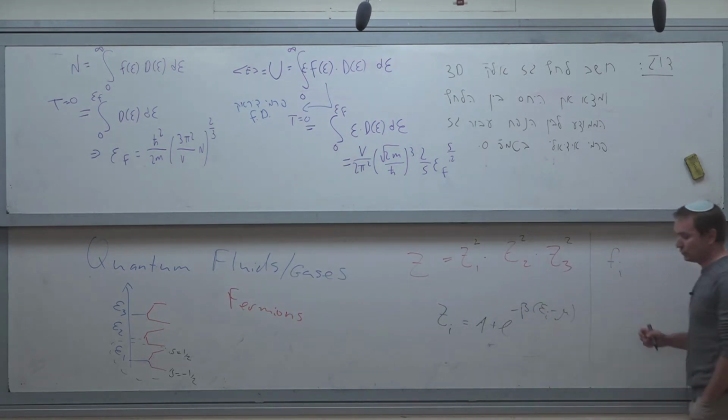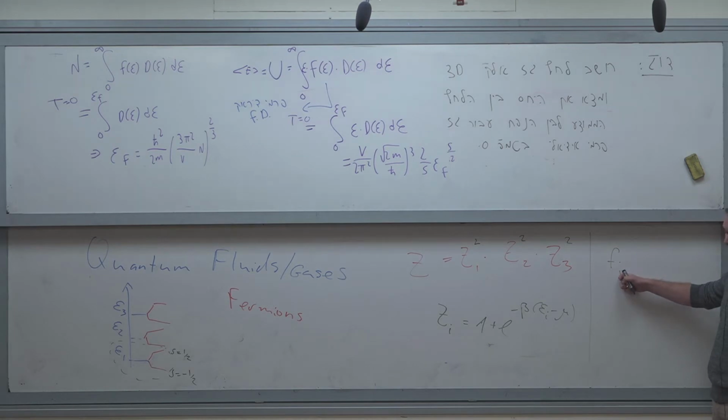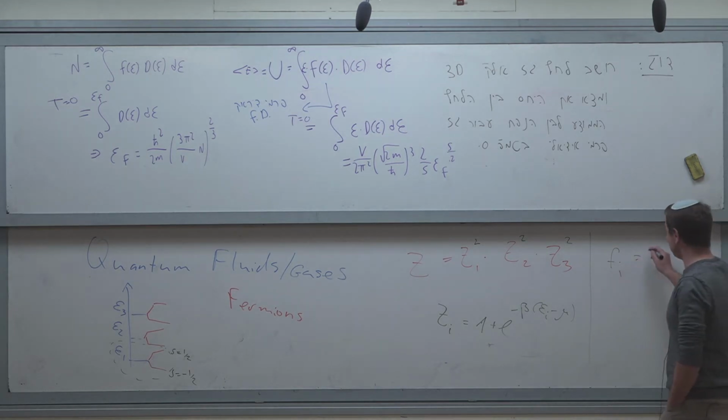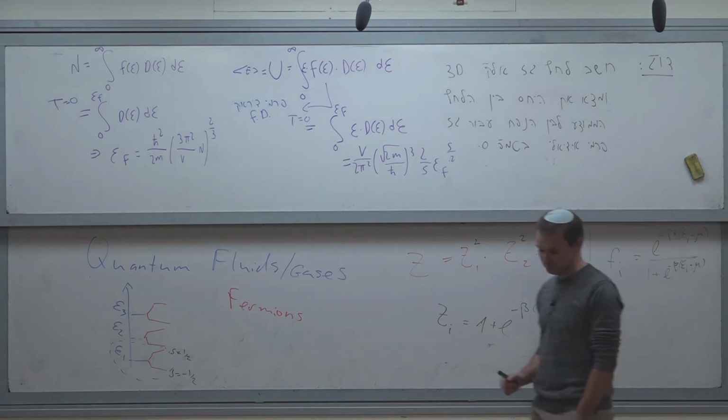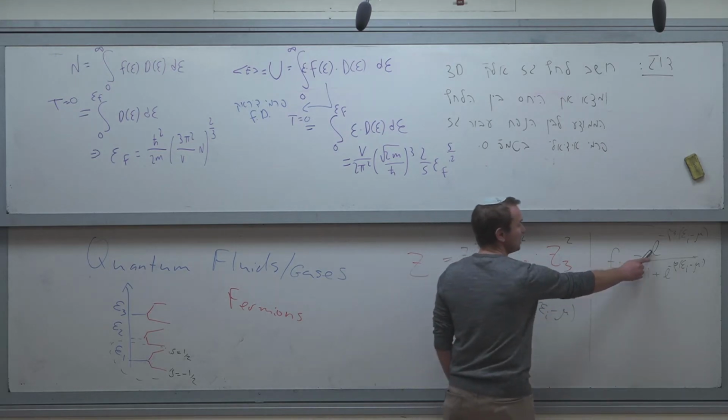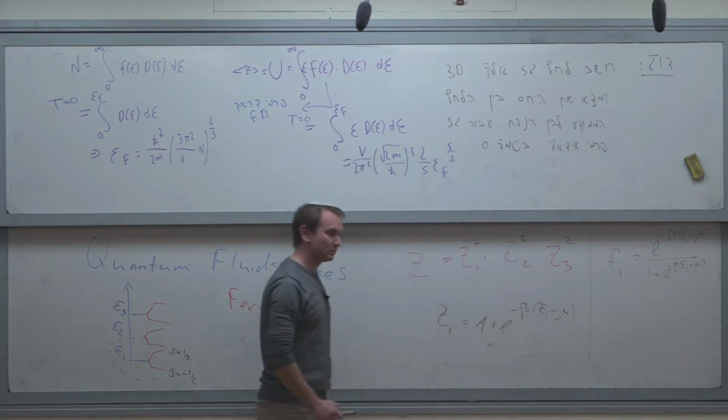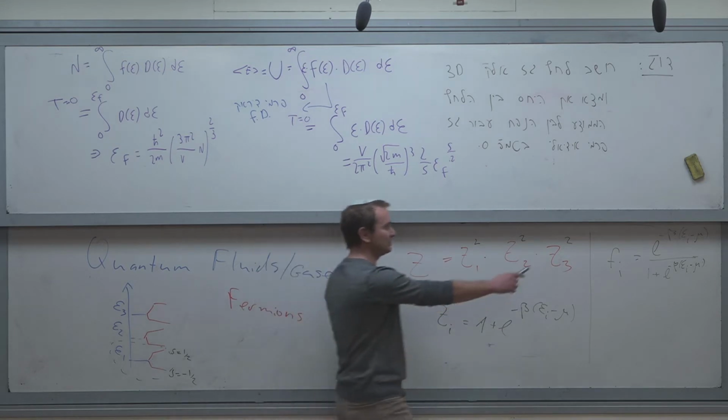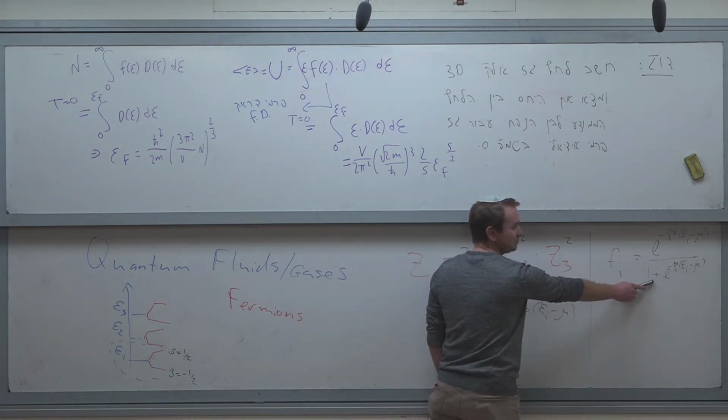F of I, the probability that state I is occupied, is e to the power minus beta epsilon I minus mu divided by 1 plus e to the power minus beta epsilon I minus mu. So this is the probability that we have one particle. This is the prefactor divided by Zi.